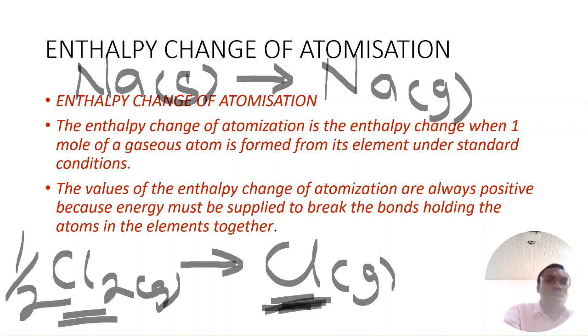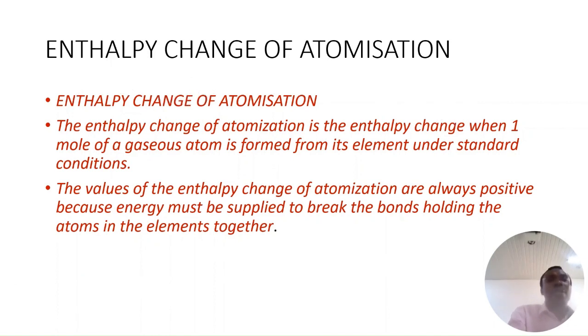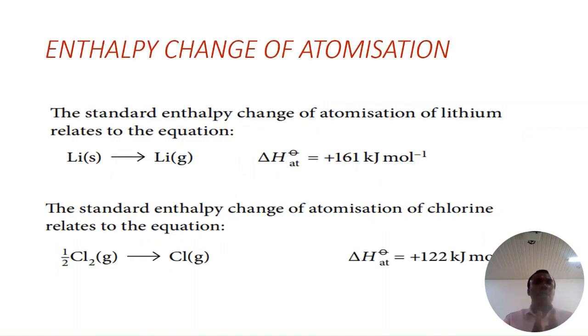Please take note of this and be able to represent an equation showing the enthalpy change of atomization of an element, as we've written for chlorine and sodium. This is the equation representing the enthalpy change of atomization of lithium, when 1 mole of a gaseous atom is formed from its element.